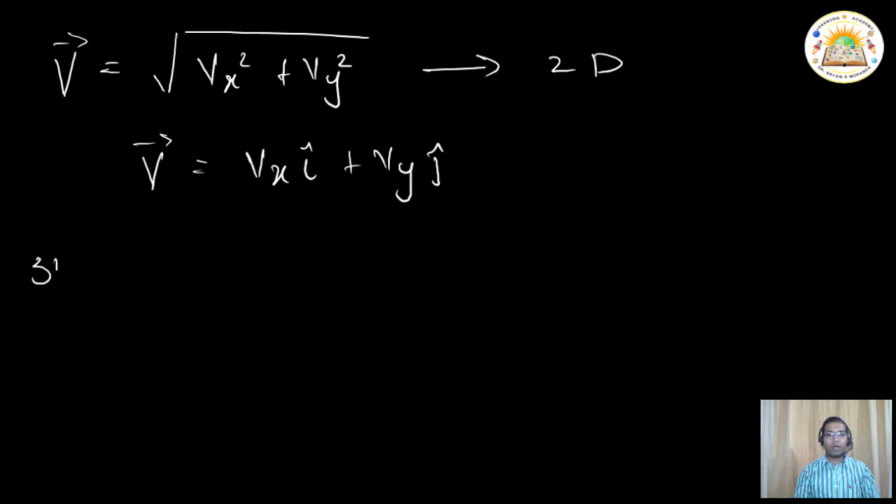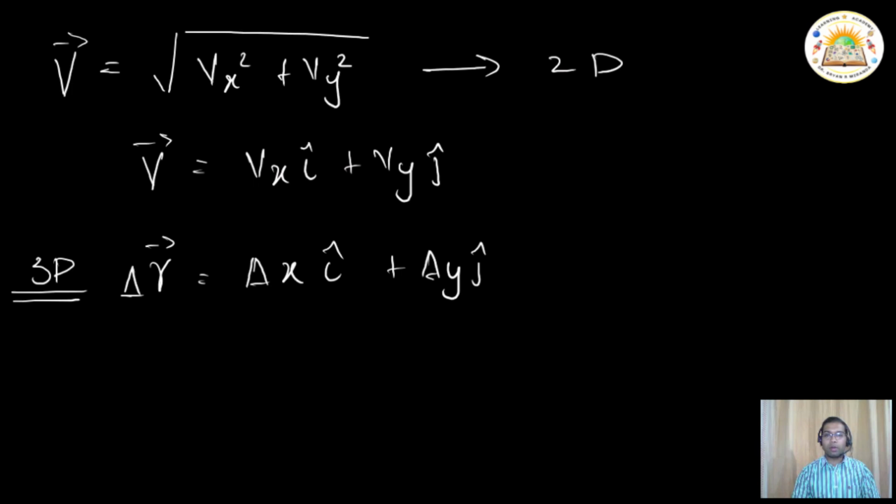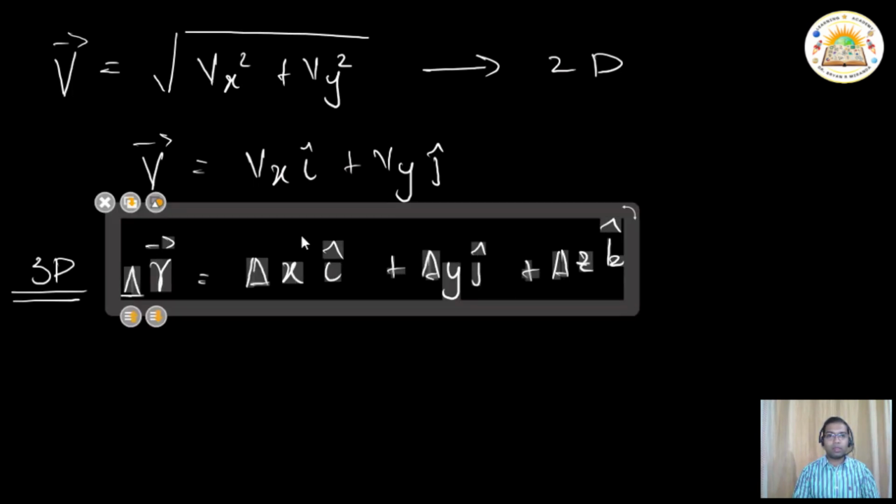Now the same thing if I want to do it in 3D. I could start with my r vector, or the delta r vector should be delta x i cap plus delta y j cap plus delta z k cap. Exact same thing. We are going to divide it by delta t, how we have done it previously.